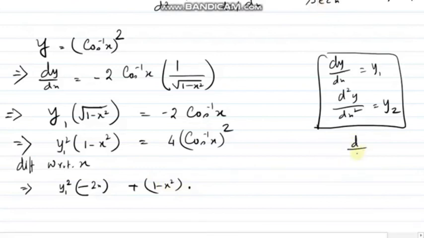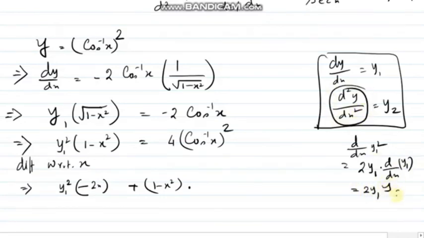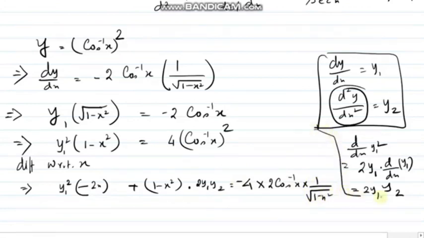Check. d/dx of y1 square, it will be 2y1 into d/dx of y1, and d/dx of y1 will be my second order derivative, which is y2, right? So it will be 2y1 y2 equals 4 into 2 cos inverse x into minus 1 divided by root over of 1 minus x square. Is it fine?